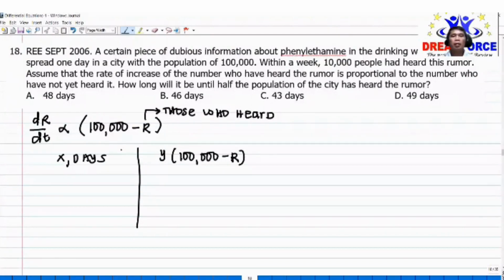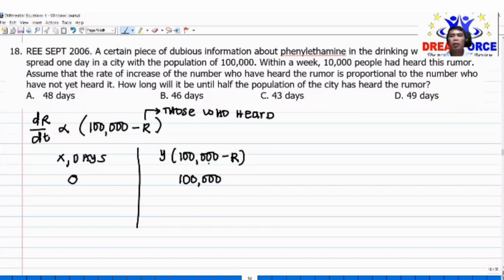Ito yung mga hindi pa nakakarinig, 100,000 minus R. Okay? So when t is equal to 0, umpisa pa lang, ilan yung hindi pa nakakarinig? 100,000. Wala pa nakakarinig eh.